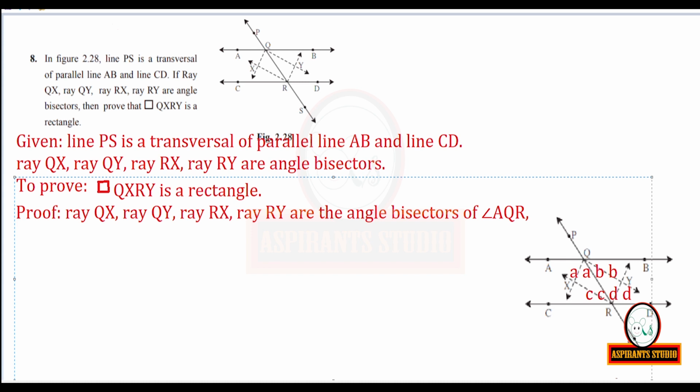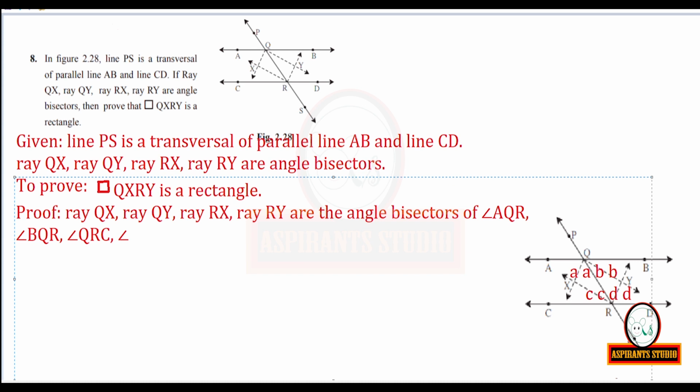First, let us take the ray QX. QX is the angle bisector of angle AQR. Look at the figure. Ray QX is the angle bisector of angle AQR.